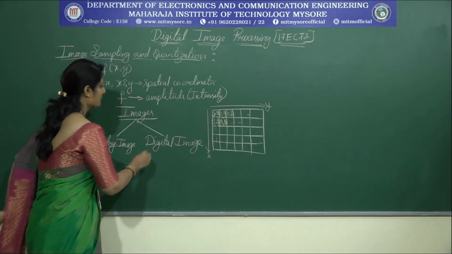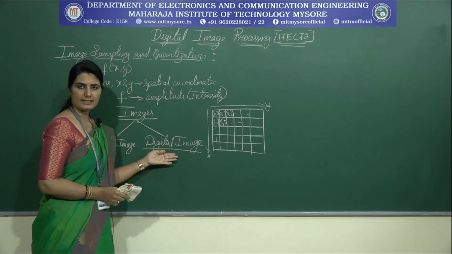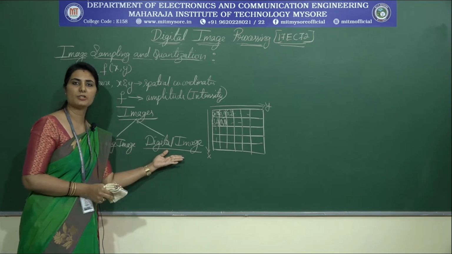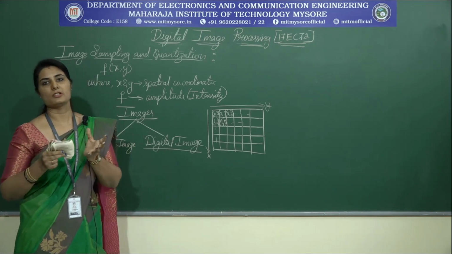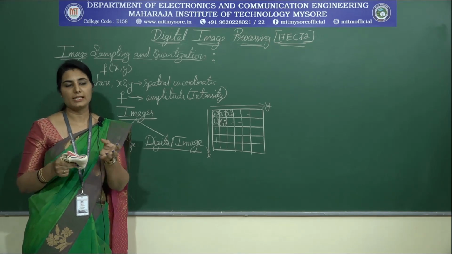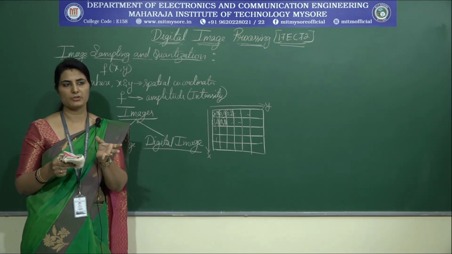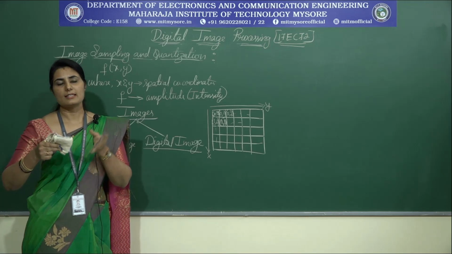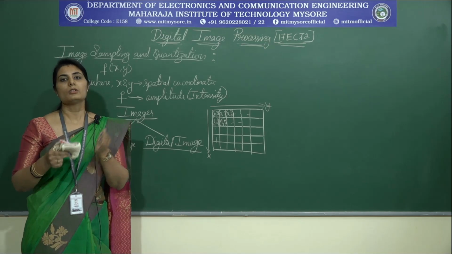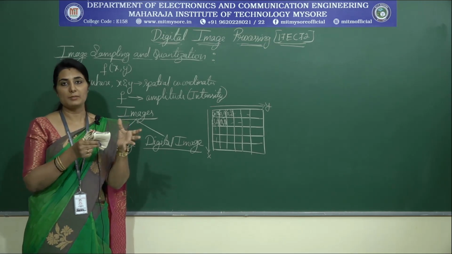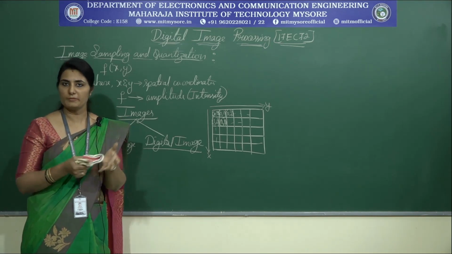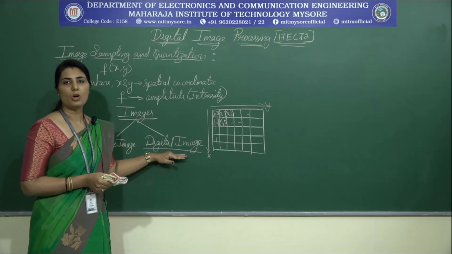Now you know what a digital image is, but why do we have to convert an analog image into a digital image? Sometimes you have low quality images full of noise, and to extract the information from that image you have to remove the noise. Sometimes you have to extract the required information, resize the image, or modify it in order to store it.